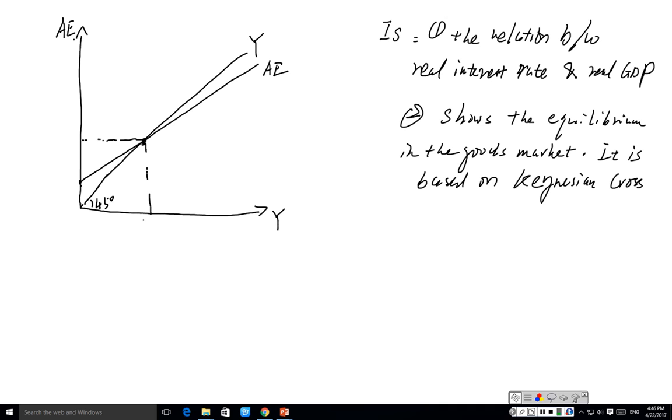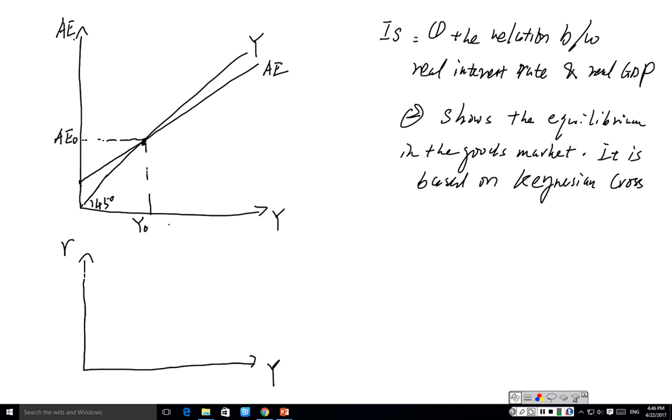So we know the potential GDP or equilibrium GDP, equilibrium aggregate expenditure. But the IS curve shows the relation between the real interest rate and the total GDP. So we have to draw another graph. We put the GDP here, and the real interest rate, we use a little r, on the vertical axis.